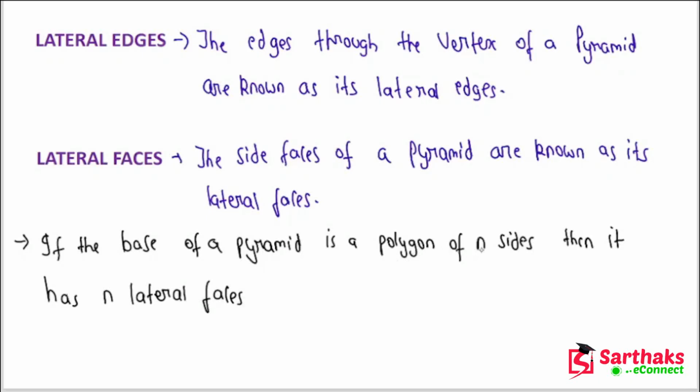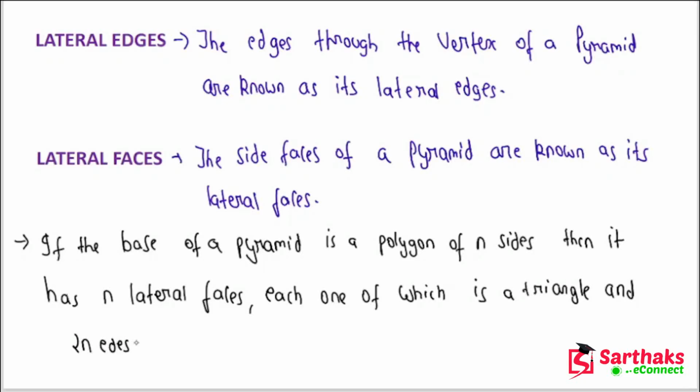Obviously every side of the polygon will contribute one triangle, right? So there will be n sides, so n triangles, so n lateral faces, each one of which is a triangle, and 2n edges. So if the base of a pyramid is a polygon of n sides, then it has n lateral faces and 2n edges. Okay, 2n edges. So let me show you.